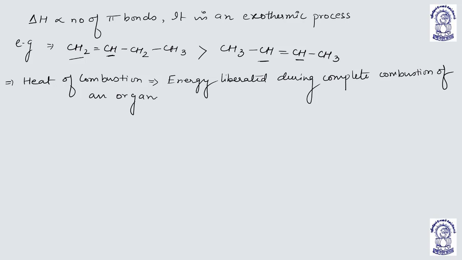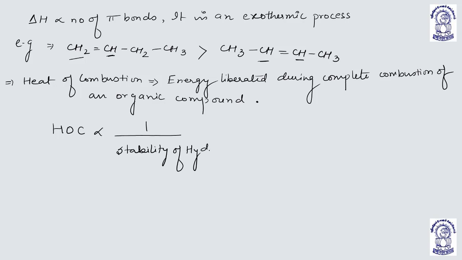Heat of combustion is inversely proportional to stability of hydrocarbon. Like you have seen, this double bonded carbon is having only one electron releasing group. This double bonded carbon, they are having two releasing groups. So more number of the electron releasing group, lesser will be the stability.